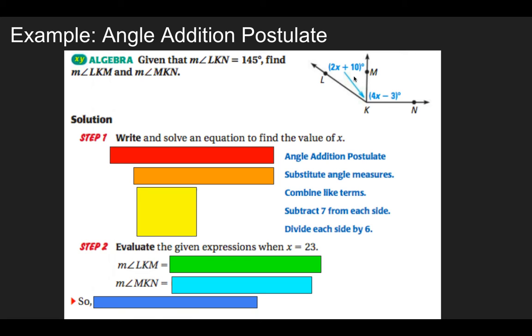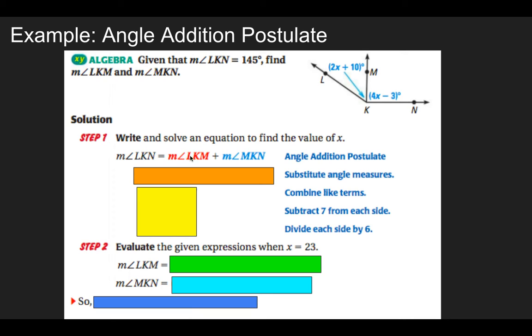And so what I see here are two adjacent angles where I'm given the big angle LKN. So first, let's just write the angle addition postulate, which says that LKN is equal to the measure of LKM plus MKN. So this whole big angle right here is equal to part plus part.